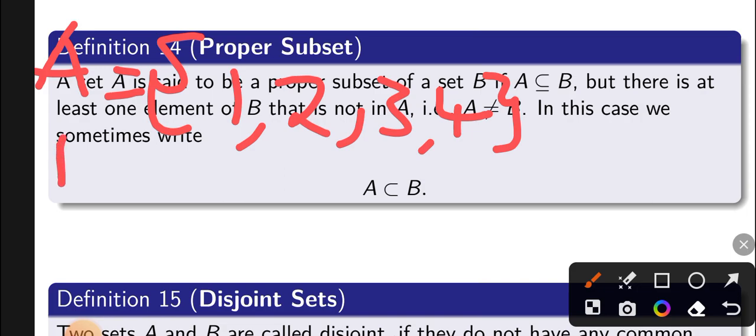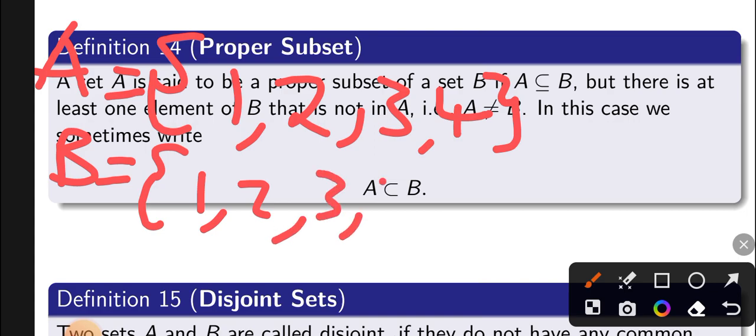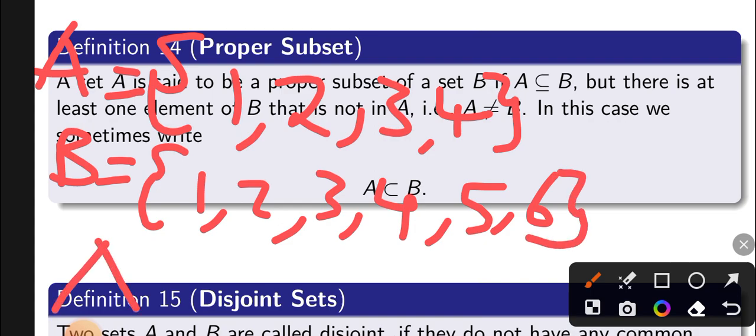Then B is equal to 1, 2, 3, 4, 5, 6. Then we say A is a proper set of B.